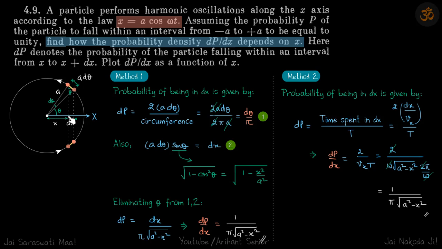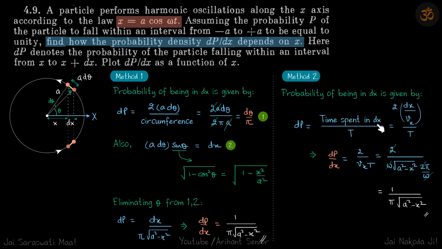That is the time it spends when it's going towards the right, and when it's going back, it's the same time. So the total time it spends in this dx part is 2 times dx upon vx.